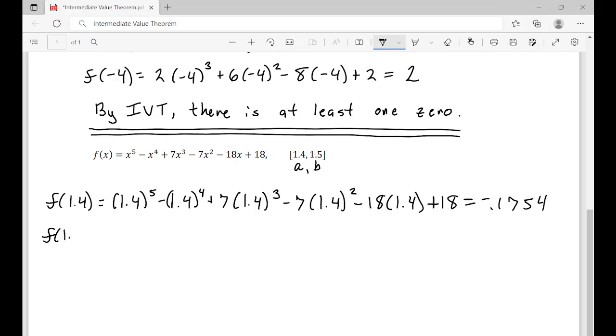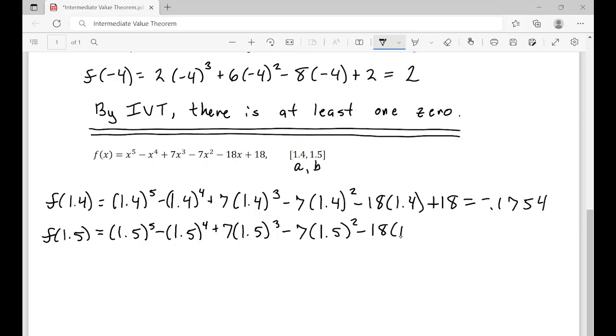Now let's do it again for 1.5. So f of 1.5, going to follow the exact same steps. So 1.5 to the fifth minus 1.5 to the fourth plus 7 times 1.5 cubed minus 7 times 1.5 squared minus 18 times 1.5 plus 18, and here we get 1.4063.